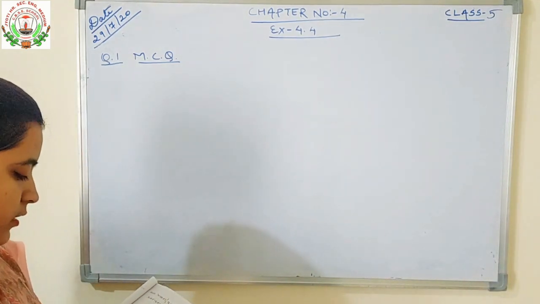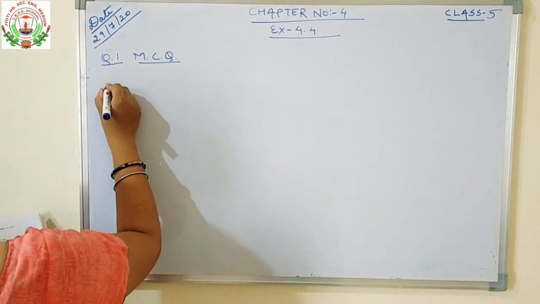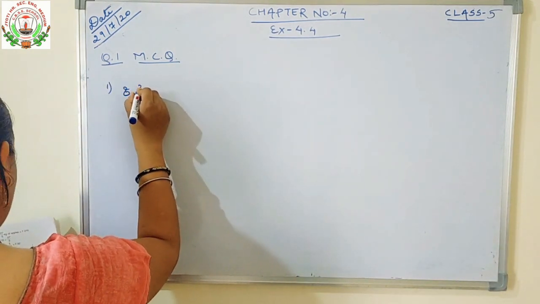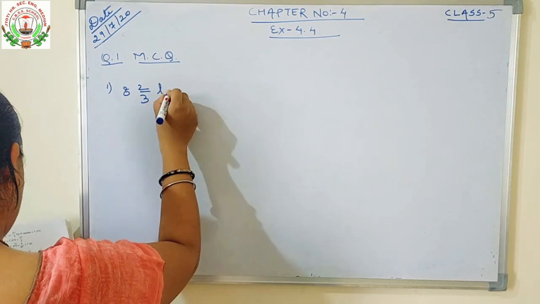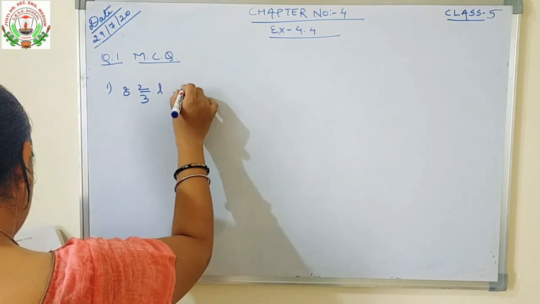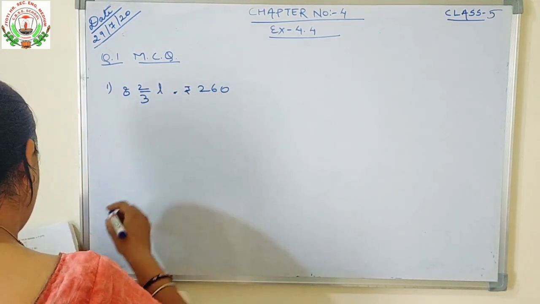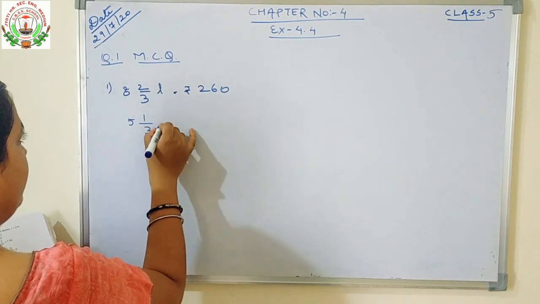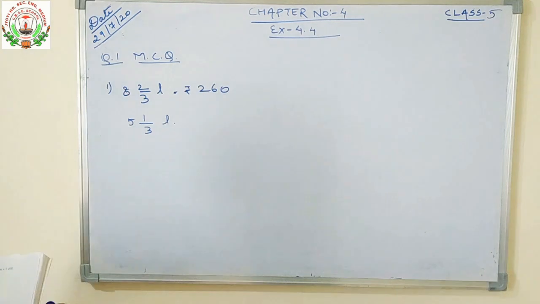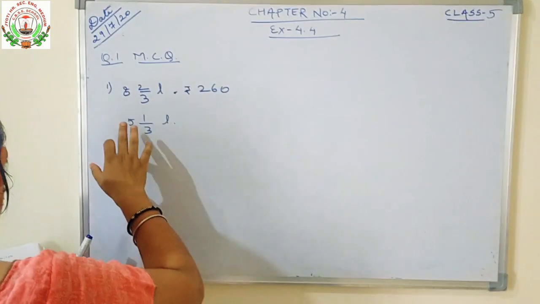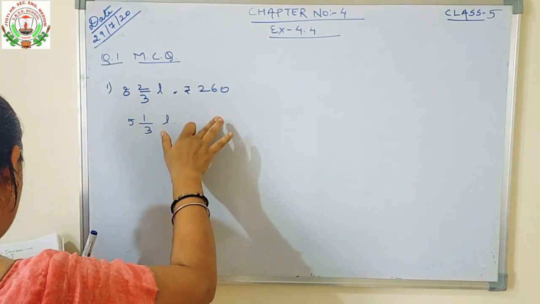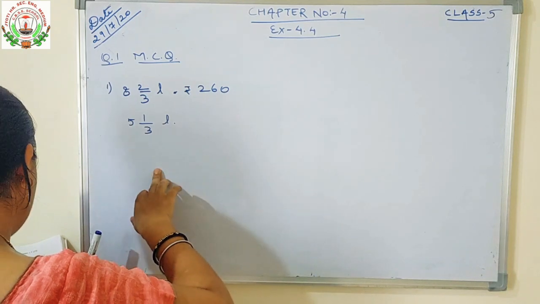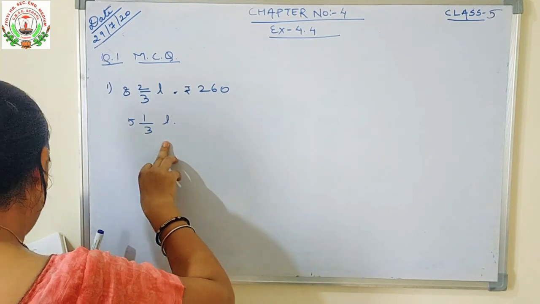Question number 1 is, if the cost of 8 2/3 liter of milk is rupees 260, what will be the cost of 5 1/3 liter of milk? If this much liter of milk costs this much rupees, you have to find the cost of this much liter of milk.